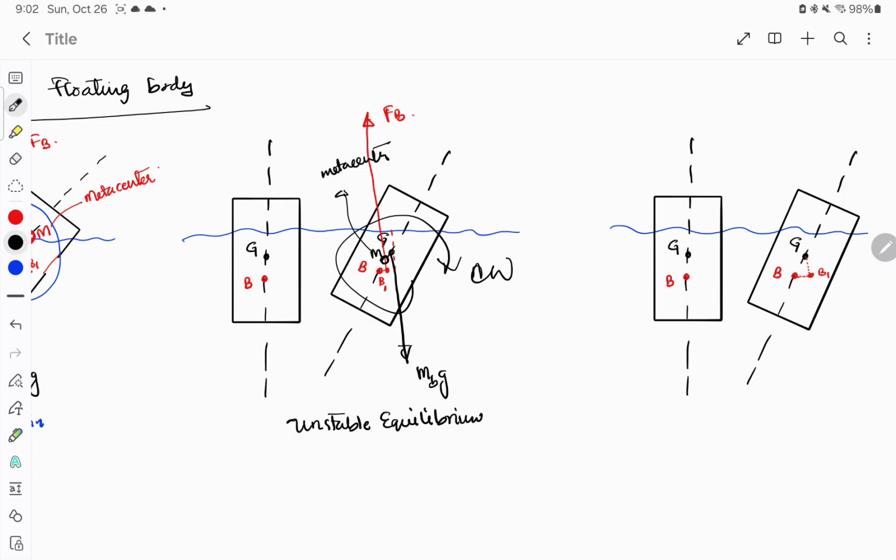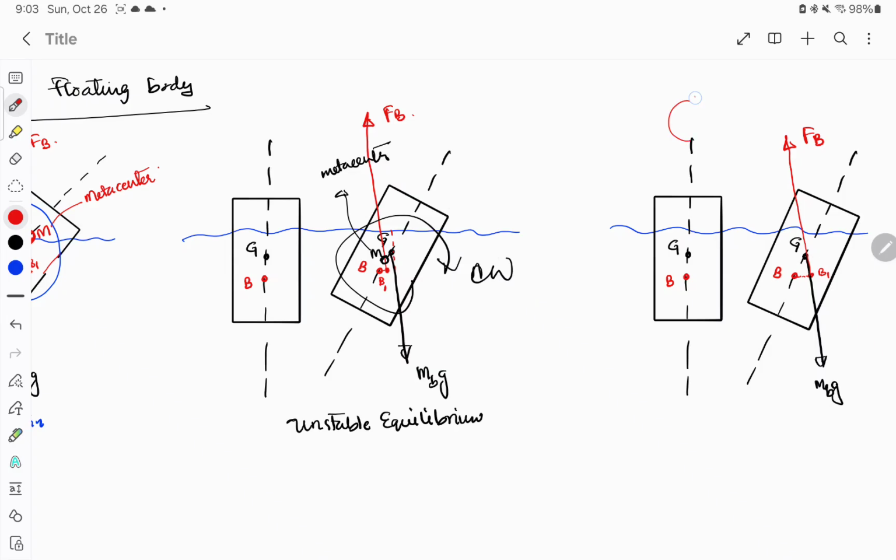So what will happen in this case is that once we draw the weight of the body through the center of gravity and buoyant force from the new center of buoyancy, we'll see that the metacenter was what? Metacenter was again the point of intersection of the buoyant force and the vertical axis.